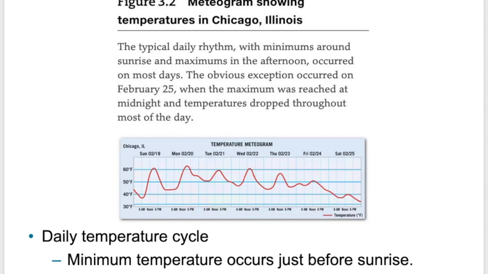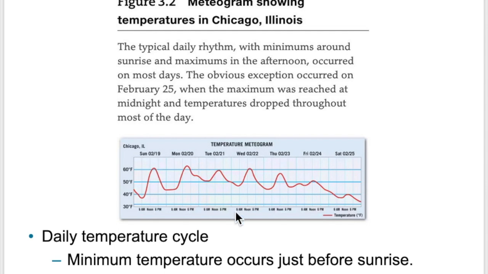Based on this meteogram showing temperatures in Chicago, Illinois, we could see the time on the x-axis, 6 a.m., 6 noon, and then 6 p.m. The temperature dropped at 6 a.m. on Sunday, February 19th, and then rose to 60 degrees Fahrenheit by afternoon.